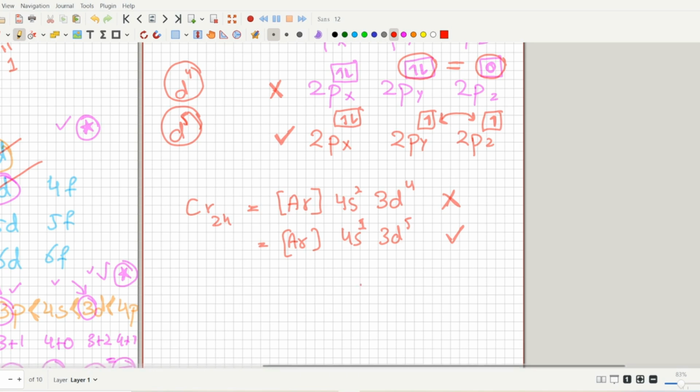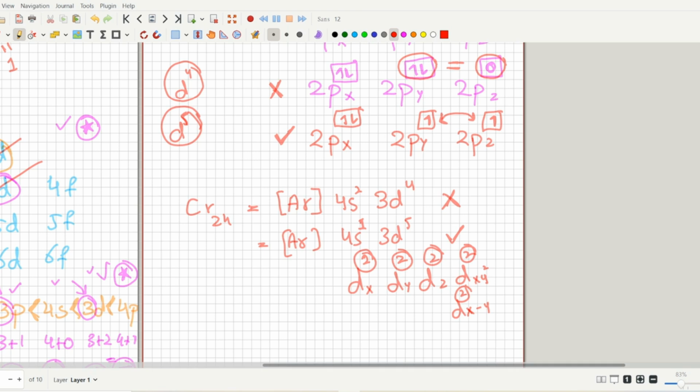If you write down the d orbitals, they could be like this: dxz, dyz, dxy, dz squared and dx squared minus y squared. So there could be 2 electrons here, 2 here, 2 here, 2 here and 2 here. That's how there are 10 electrons in 5 orientations of d orbitals.